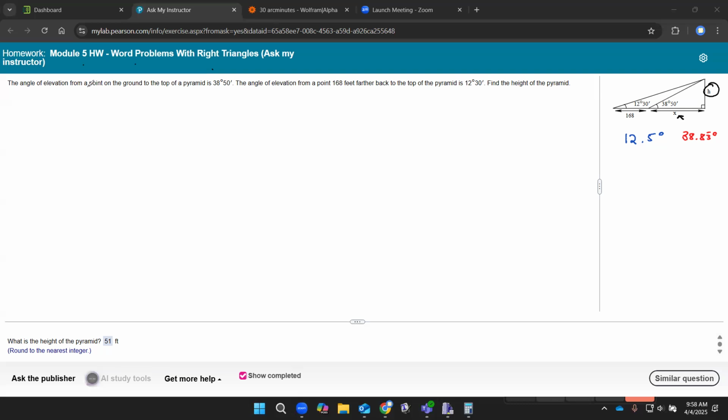What we have is two triangles at the same time. We have one triangle, which is 12.5 degrees, that is h tall, but its base is 168 plus the unknown, so I don't know how long it is.